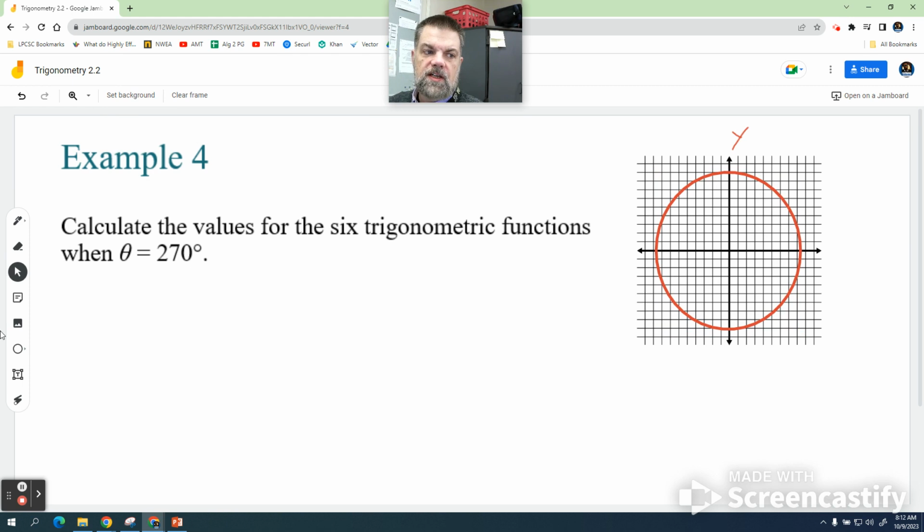So imagine when we're making these angles here, we're always starting here on the x-axis, right? So this is 0 degrees, right?